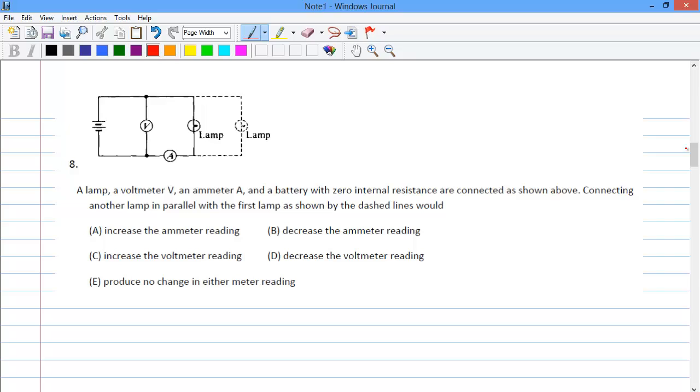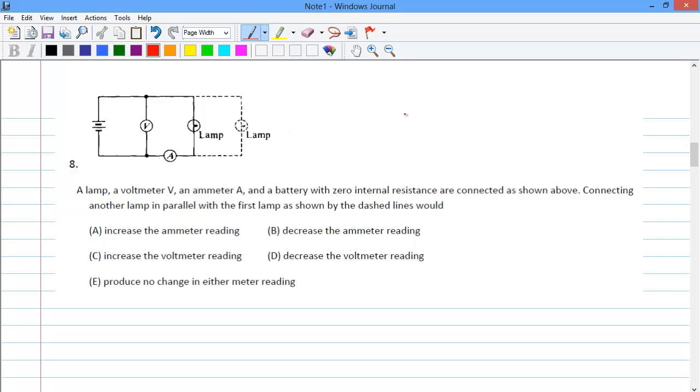A lamp, a voltmeter V, an ammeter A, and a battery with 0 internal resistance are connected as shown above. Connecting another lamp in parallel with the first lamp as shown by the dashed lines would... So what it's asking us is what's going to happen to the current going through here.